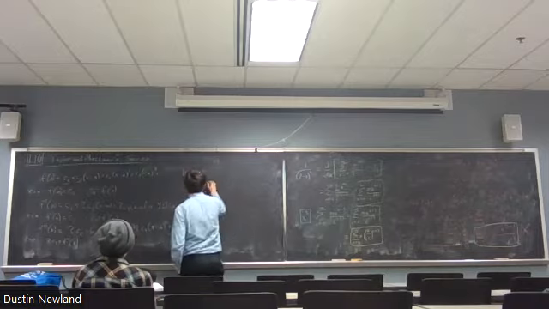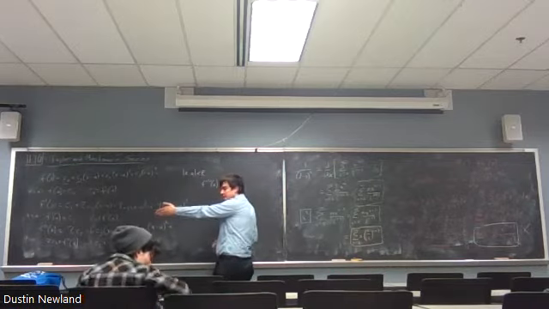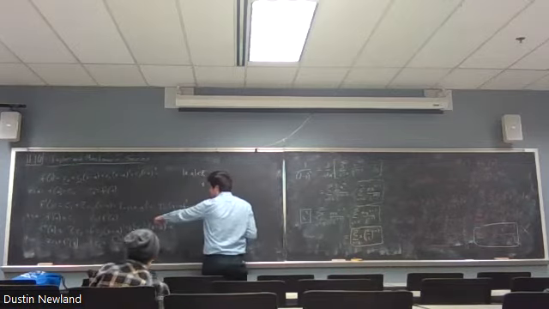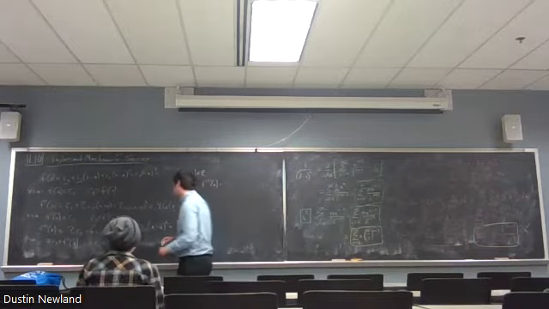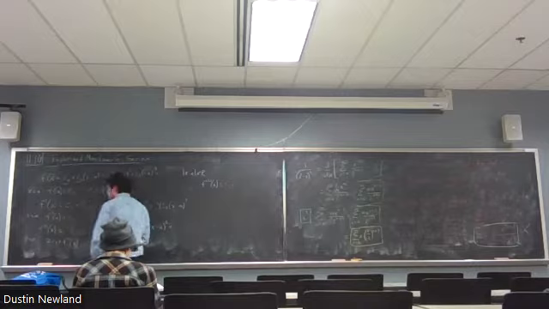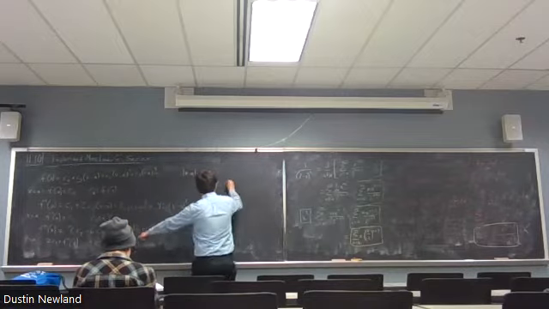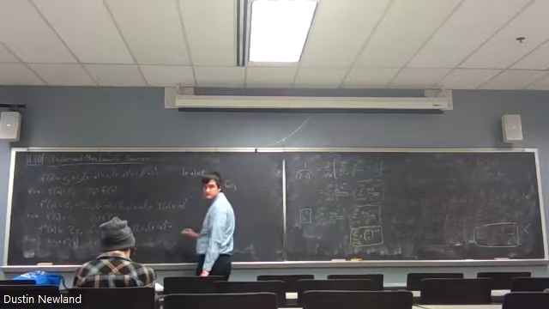Let's do one more. I'm going to take f triple prime, and the 2C2 goes away now, and we're going to get 6C3.